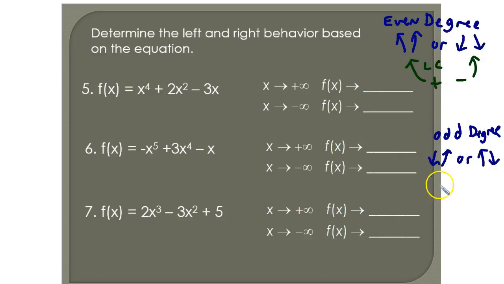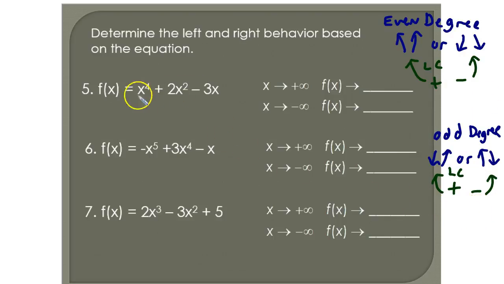For an odd degree function, if the leading coefficient is positive, it's going to end up. And if the leading coefficient is negative, it's going to end down. In fact, that's kind of always true. No matter what, the leading coefficient positive ends up, and the leading coefficient negative ends down.